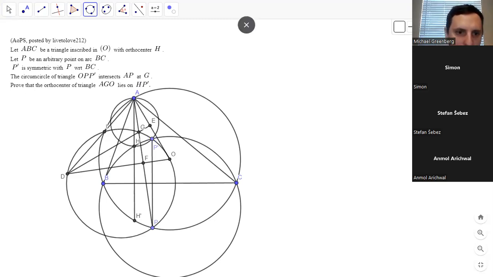Doesn't look like it. Yeah, I'd really like to reflect D over BC, but it just doesn't look like there's anything special about that.